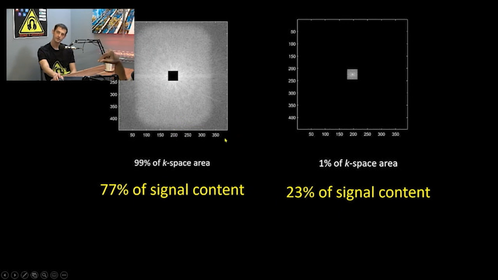From 200 to 400 is the same, reflected as 0 to 200 this way. And then half of this is symmetric with the other half. There's a fancy math word for it called Hermitian symmetry.